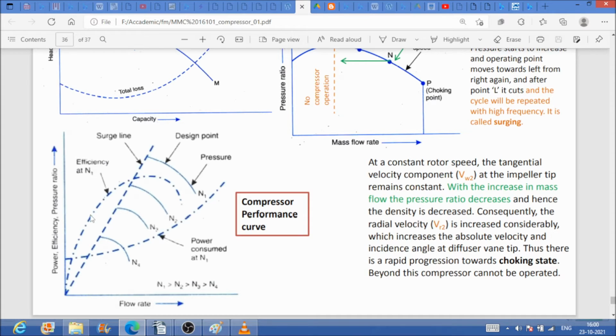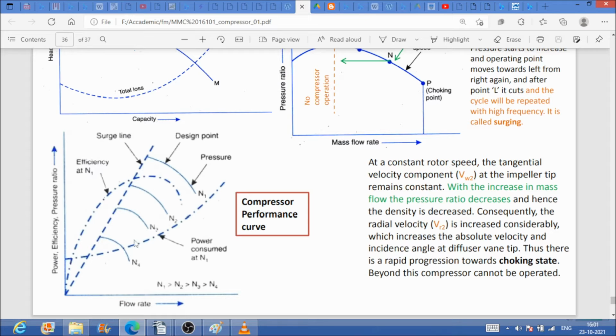So in this part there is surging. Okay, so this is the surge line, and this is the design point, and you can see the efficiency curves for all these speeds, and that's it about this figure.